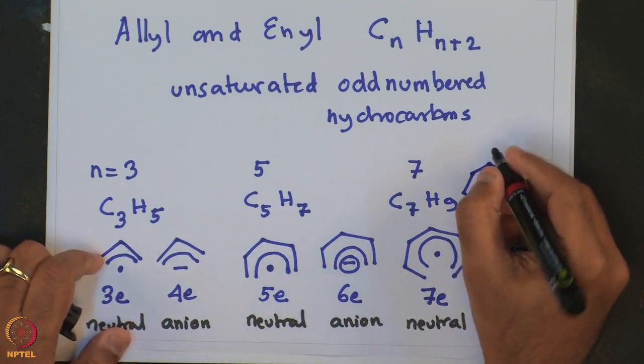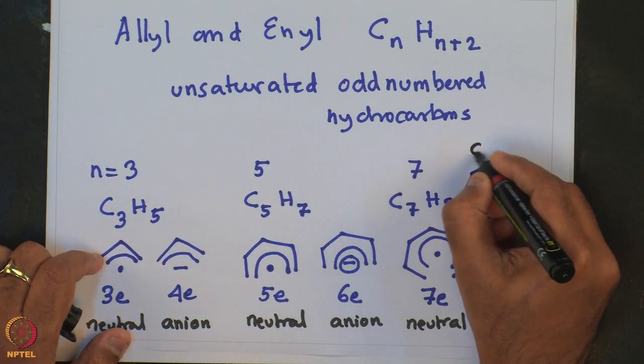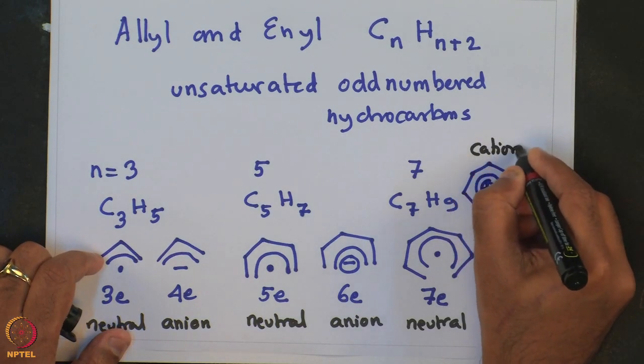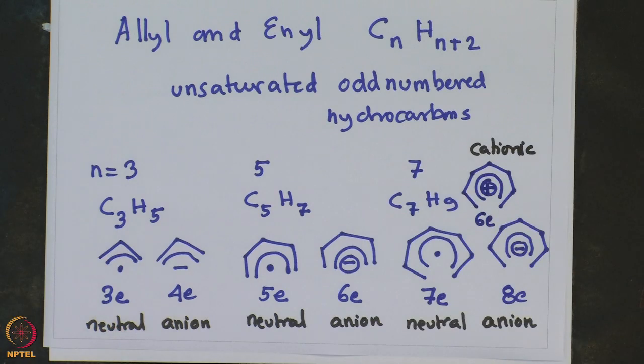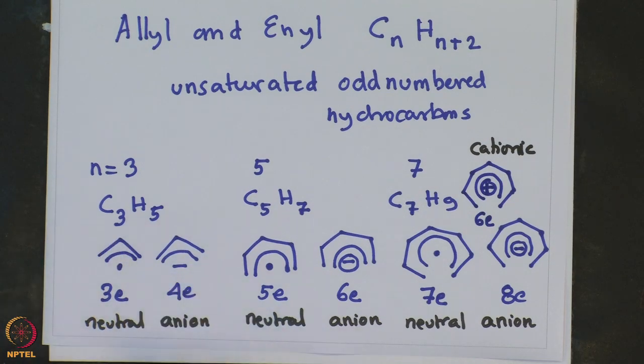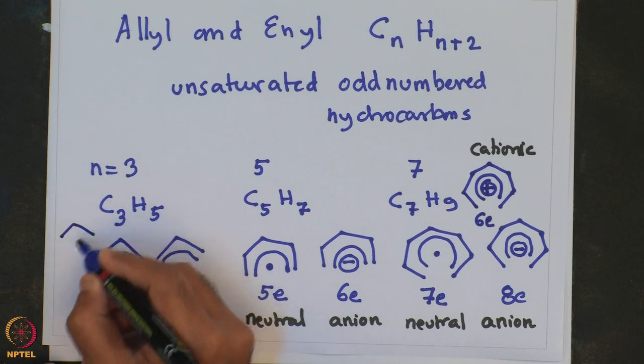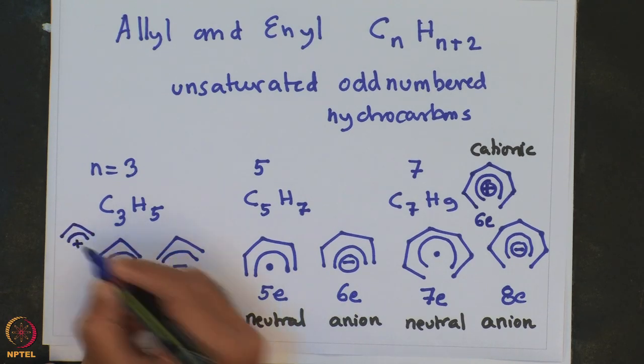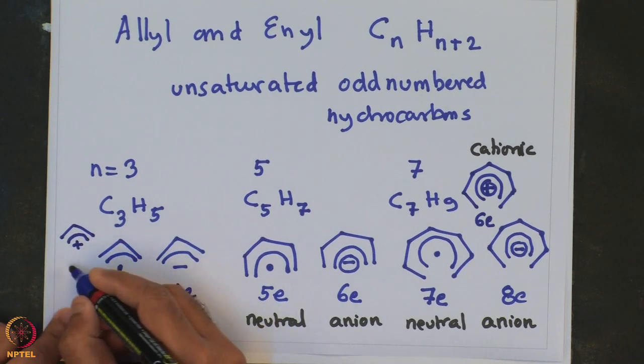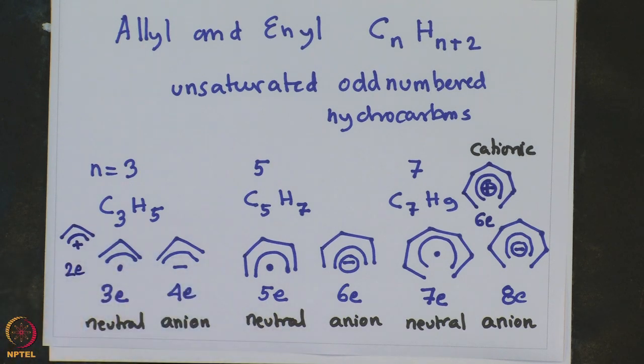And if C3H5 exists in the cationic form, then it becomes a 2 electron donor.